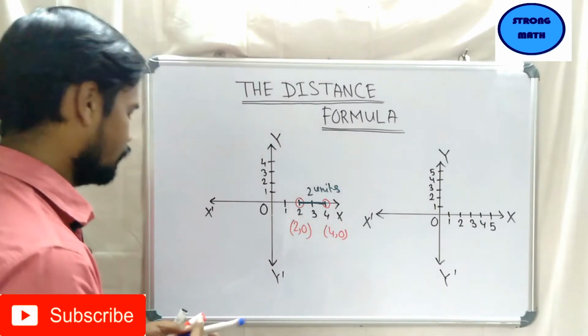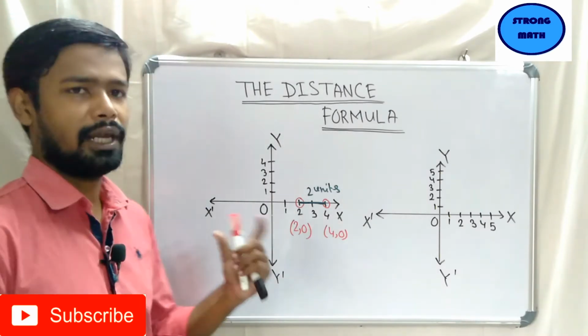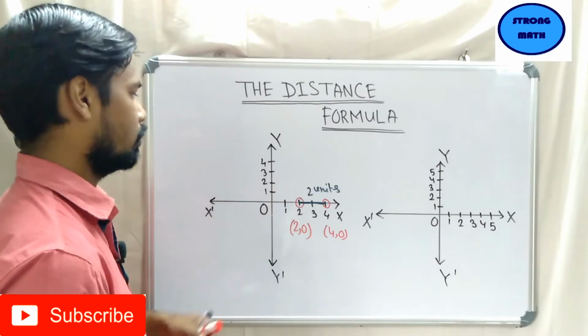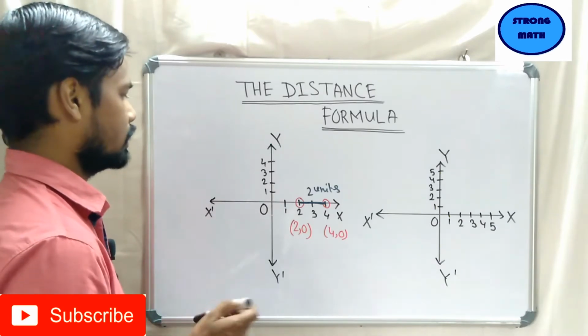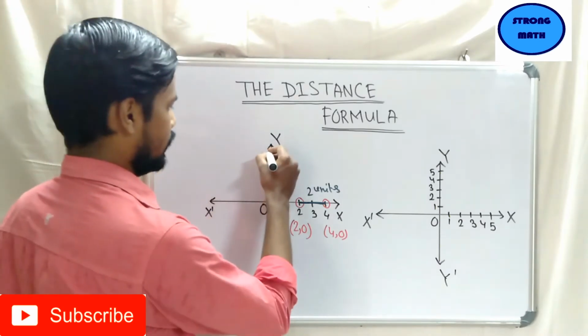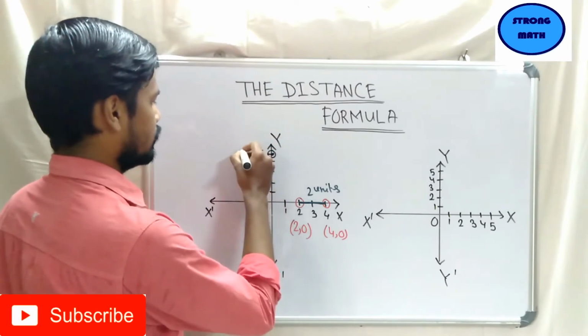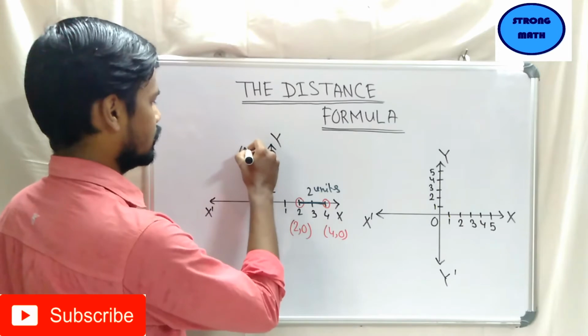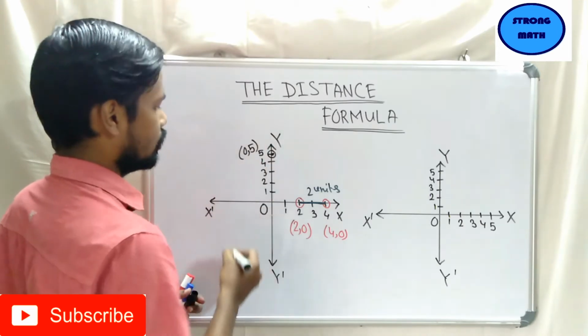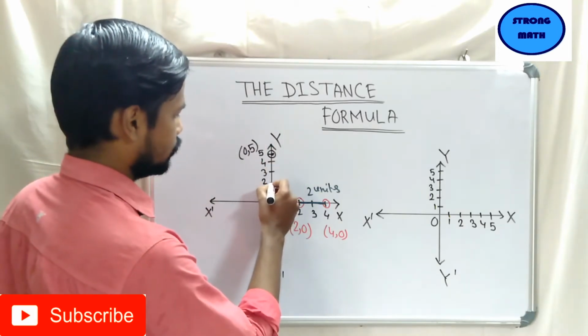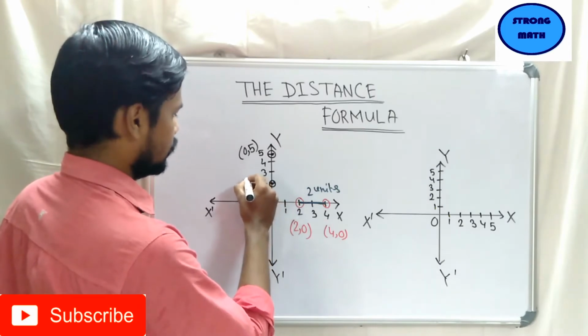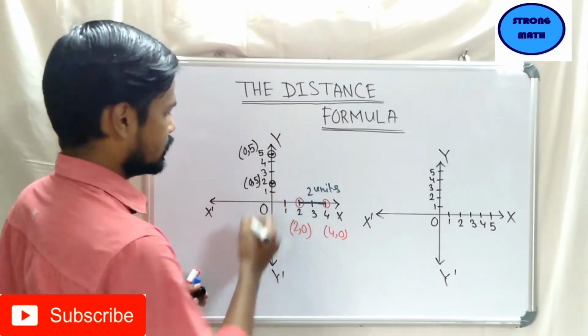Now if we want to find the distance between any 2 points lying on the y-axis, suppose one point has coordinates 0, 5, and another point is 0, 2. Then what will be the distance between them?